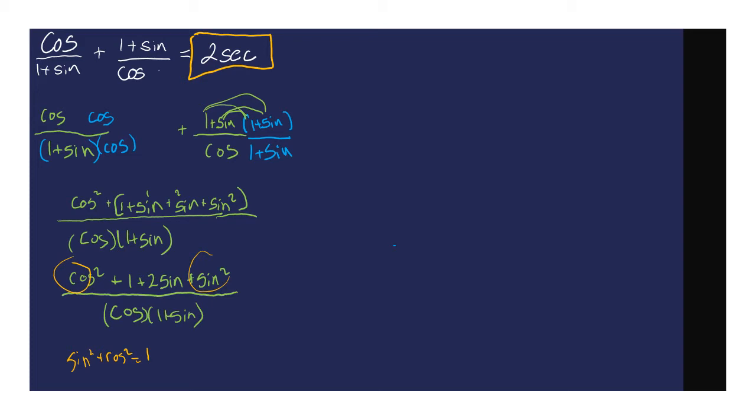So we're going to move this up and we're going to rewrite this as 1 plus 1 plus 2 sine all over cosine times 1 plus sine.